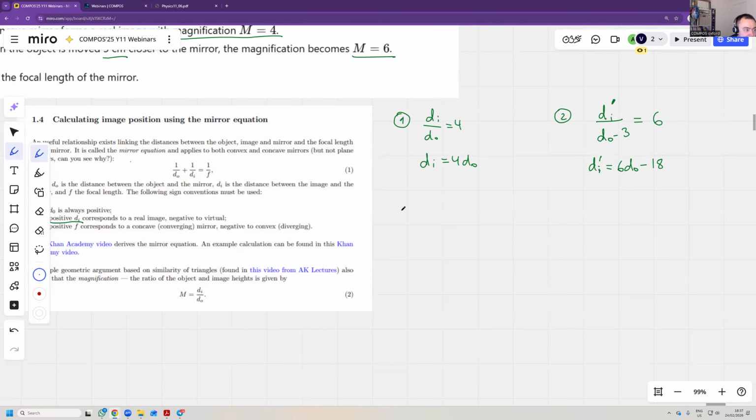The 1 over DO plus 1 over DI is 1 over f. And we can see that DI is 4DO. So 1 over DO plus 1 over 4DO is 1 over f. So f is equal to 4DO over 5.